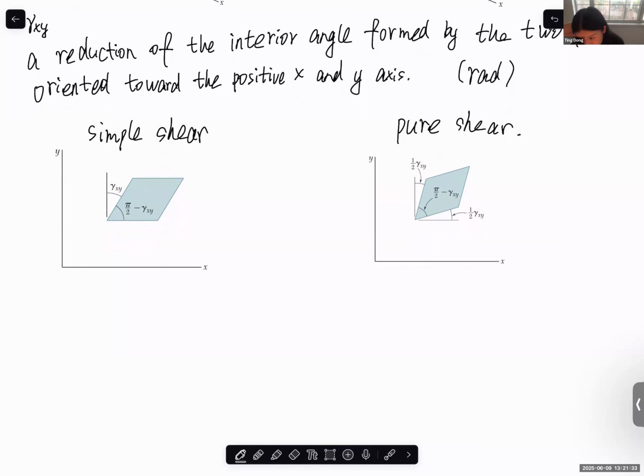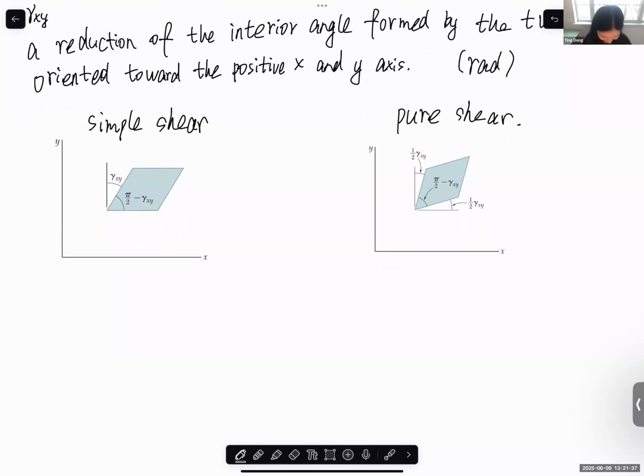Strain times Young's modulus equal to stress. And here shear stress equal to shear strain times shear modulus. G here is the shear modulus.